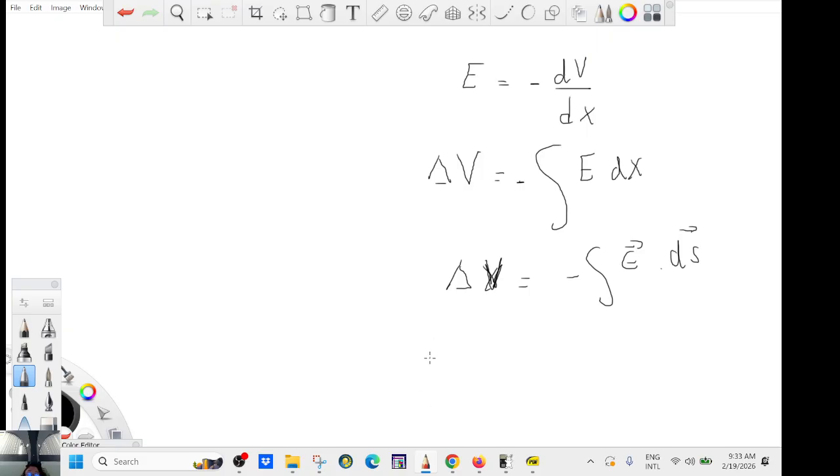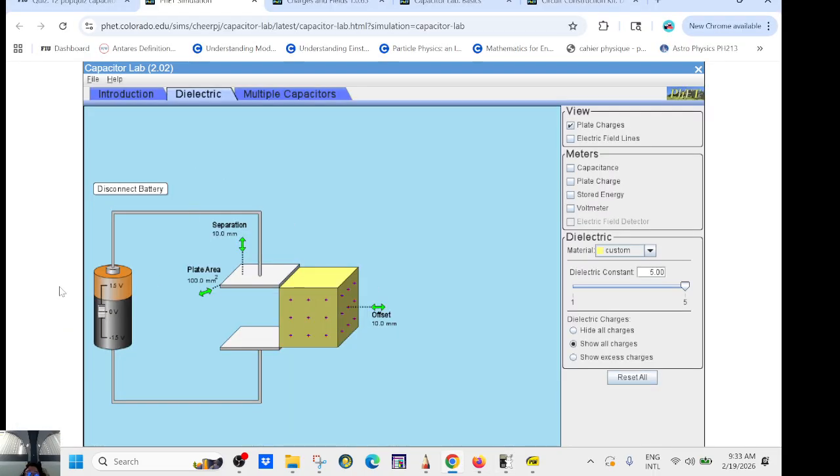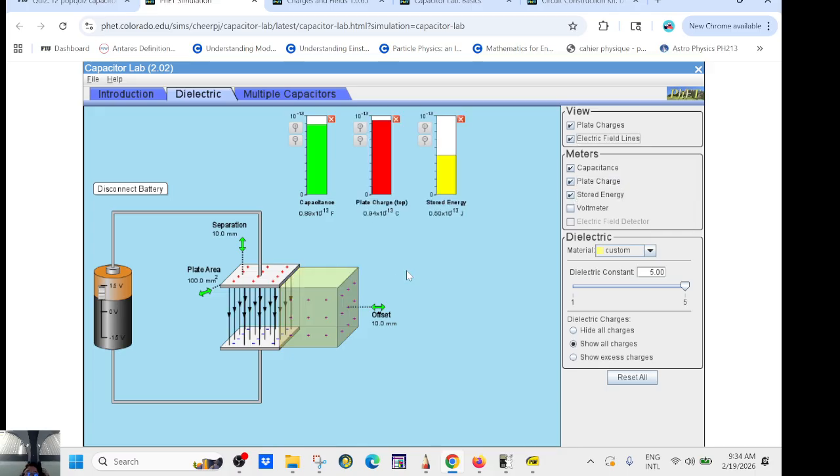And then about dielectrics. Okay, we were talking about dielectrics. So let's say you charge your capacitor. You can show the electric field. So if it's connected, and then it's going to be in the pop quiz.